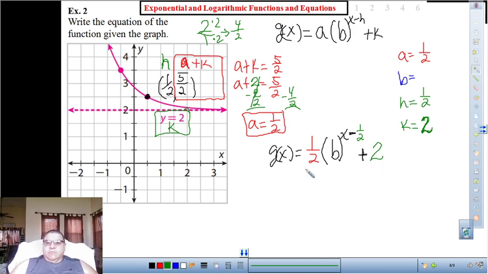How do we do that? Well, we need an x value and a g of x value. But we're not going to use the same point because we already used it. We're going to use the second point. So I'm going to use this second reference point, and let's write the coordinates for that point.